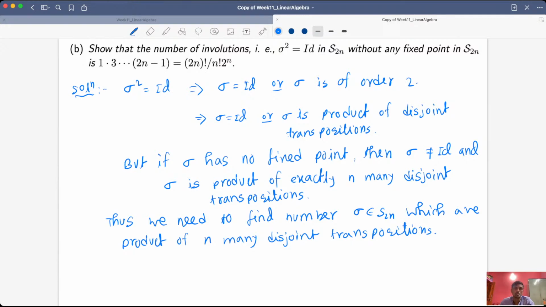So you have 2n many letters, so I can permute them in 2n factorial many ways, right?